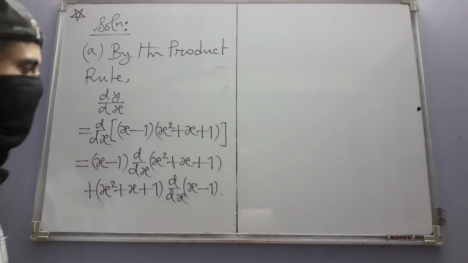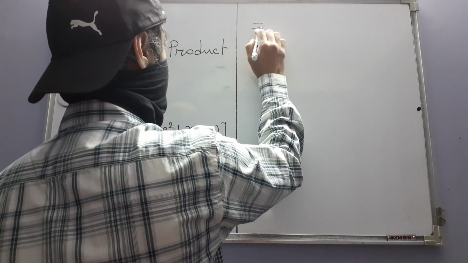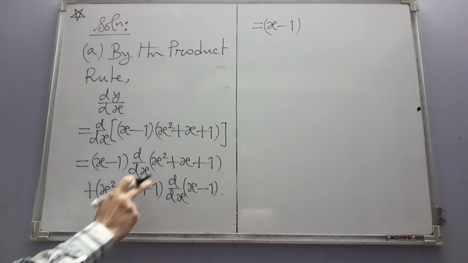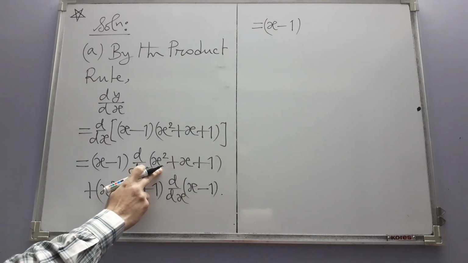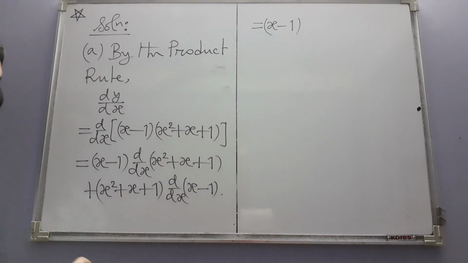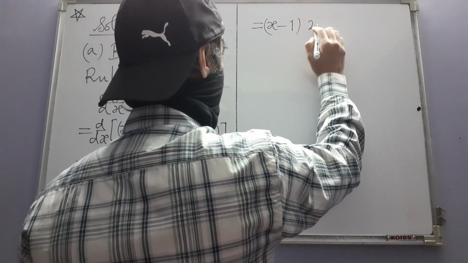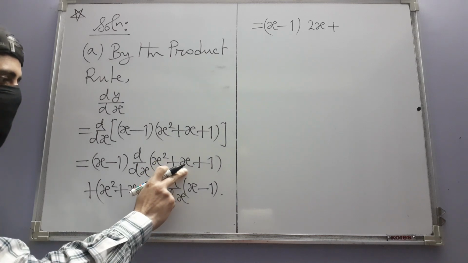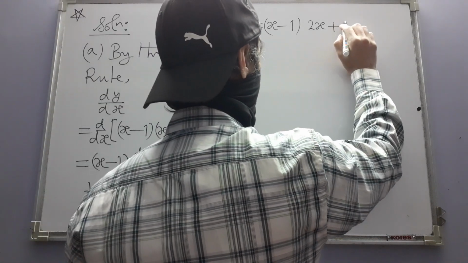It will be x minus 1 times usual stuff. If you differentiate x square, that will be 2x by the power rule. Differentiating x, you will get 1.